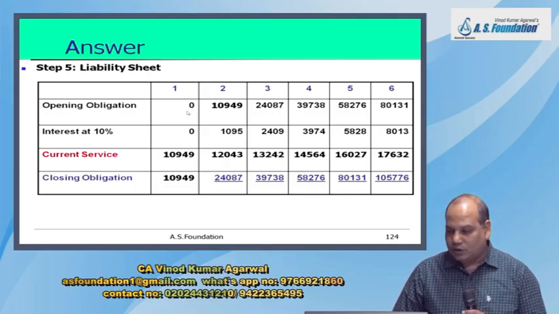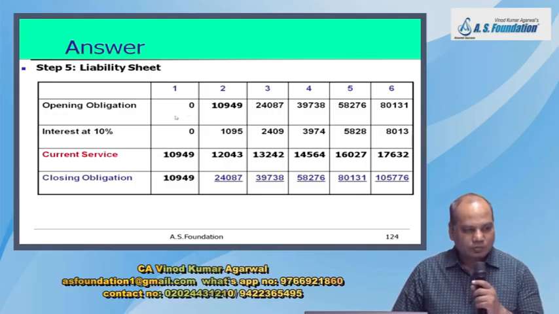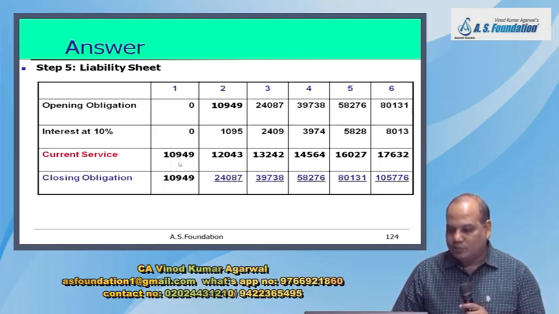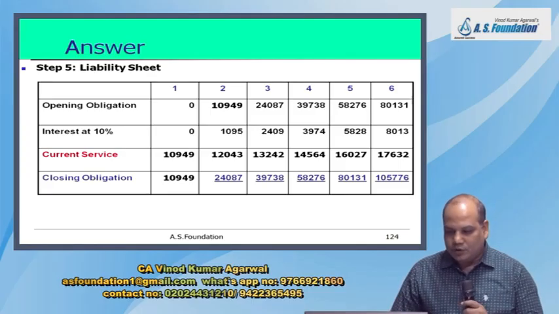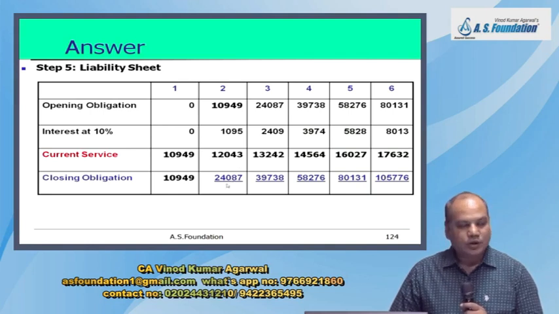So liability sheet, year 1: opening obligation 0, interest 0, current service cost from the previous table 10949, closing balance 10949. Is it right? Continue. Year 2: 10949, 10% interest 1095, current service cost 12043, closing 24087.